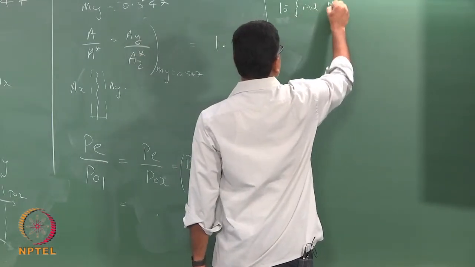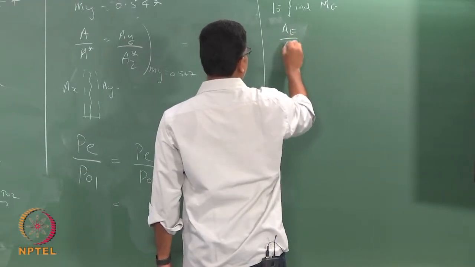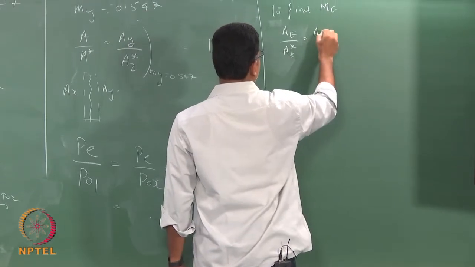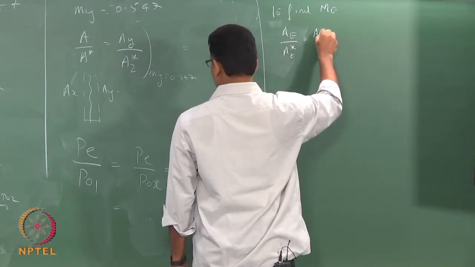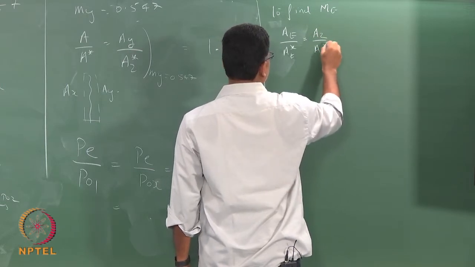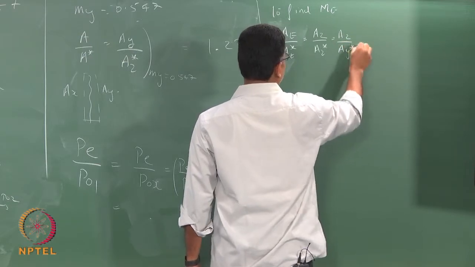To find M exit, I need to find A exit by A exit star, which is nothing but what we call A2 by A2 star. A2 star is also my AY star.